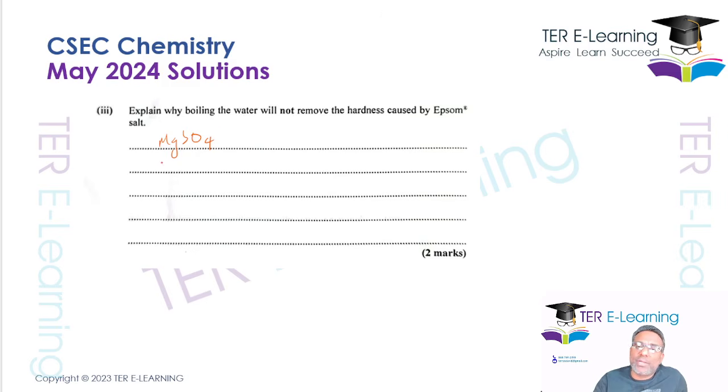So all you're going to say here is that MgSO4 is stable, right? Stable and does not break down when heated, right?